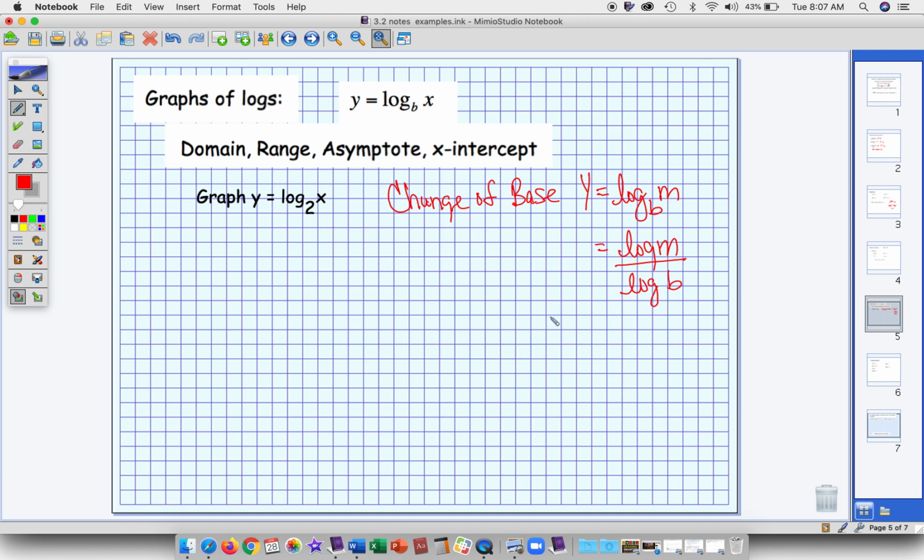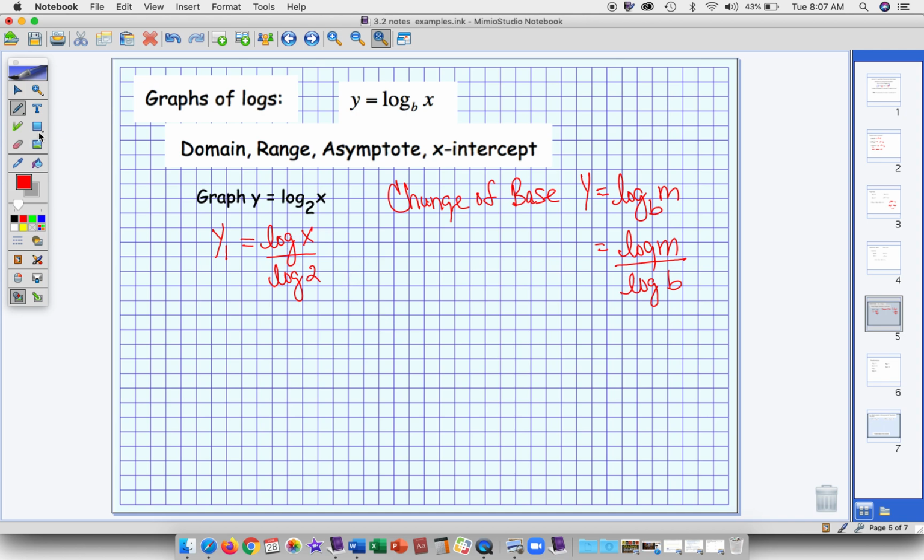And that's how we would enter this into our calculator. So if I want to see the graph of log base 2 of x, I would enter this into my y1 as log of x divided by, so use your division symbol, log of 2.